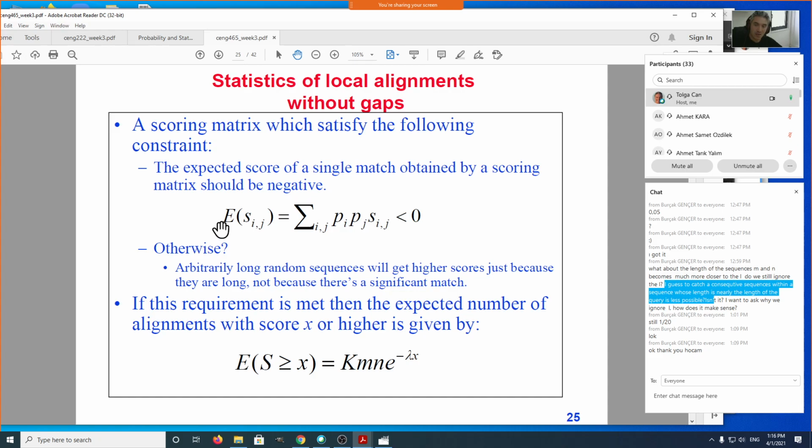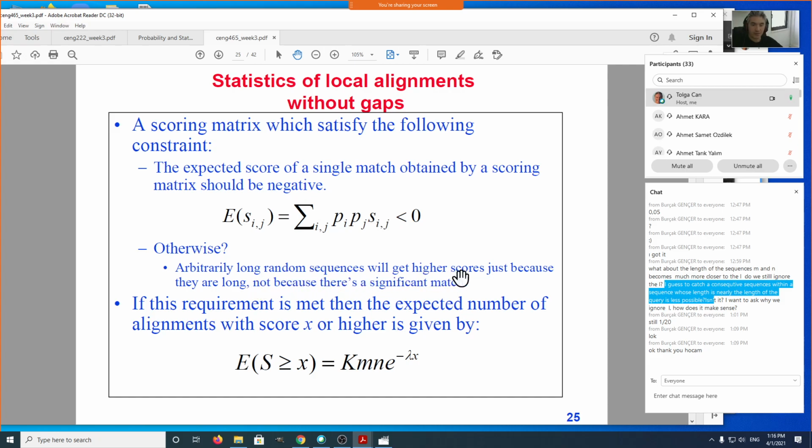If you're looking for a certain particular length of a region, the expected value is going to increase, of course, but the whole global alignment is not going to be arbitrarily long or arbitrarily large.